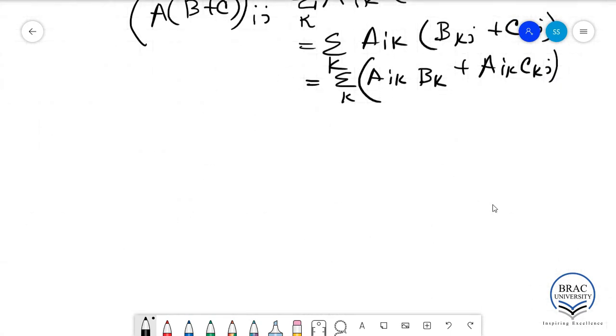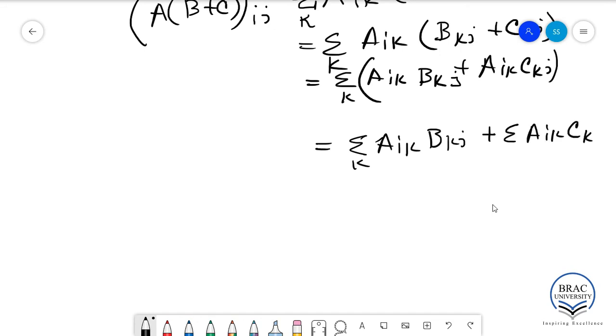And then you distribute this summation over the terms contained in these brackets, because summation is also a linear operator, so that will work as well. So you write sum over Aik Bkj plus sum over Aik Ckj.